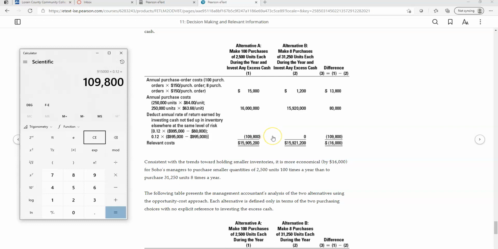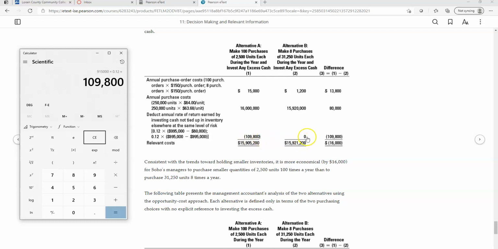When I take the carrying costs into consideration, they not only include all the other stuff, but also cash tied up in inventory that could be invested elsewhere. So with cash invested elsewhere under alternative A, I'm going to get an extra $109,800.